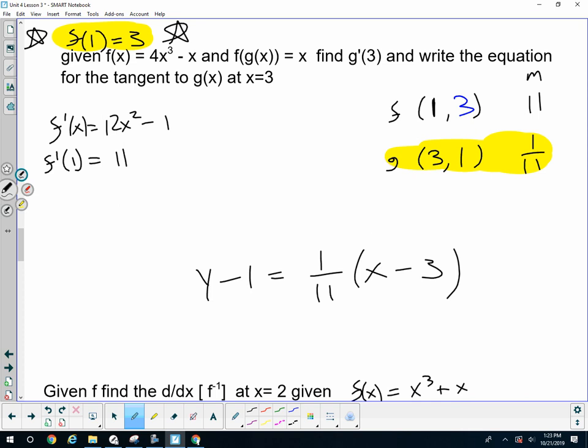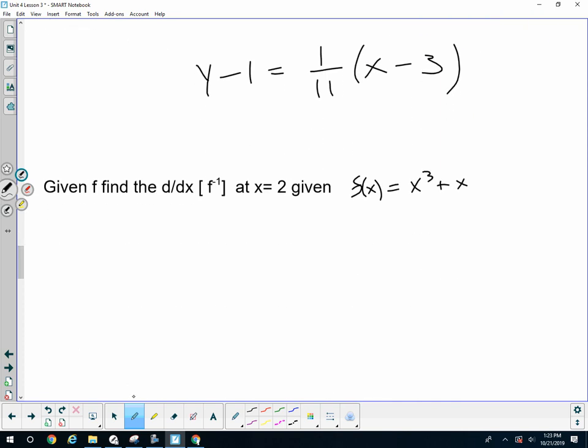Okay, let's see if you guys can do the whole thing. Next one. First off, before we get into this, this is f inverse. This is not f to the negative first, it's f inverse. If you see f inverse, you treat it like it's g of x.